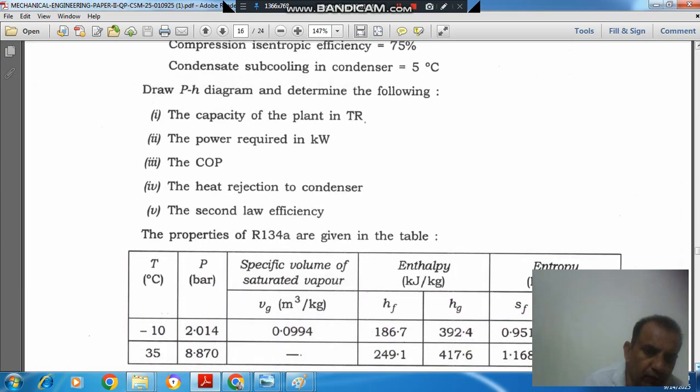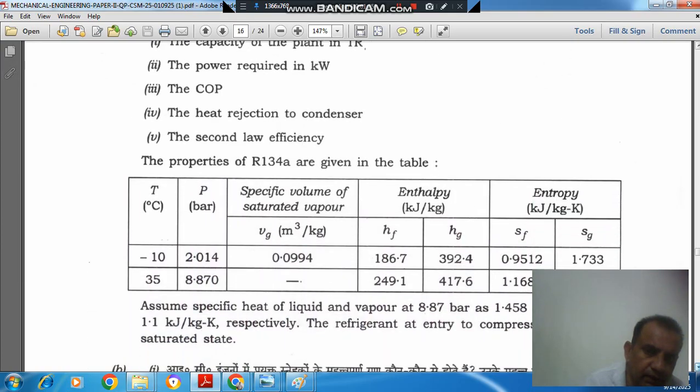The properties of R134A are given in the table. So at temperatures minus 10 degrees Celsius and 35 degrees Celsius, saturation pressure, specific volume of saturated vapor, enthalpy Hf and Hg, and entropy Sf and Sg are given.